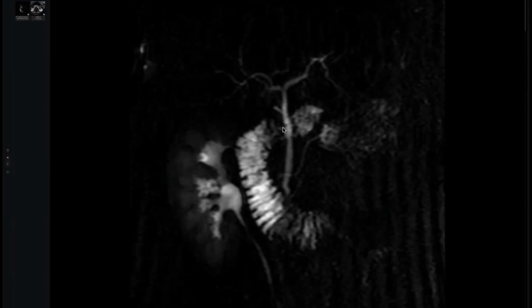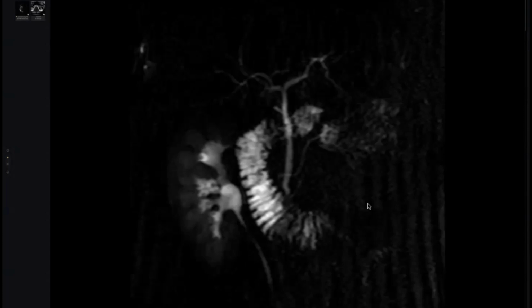Last question. What is the name of the techniques generally used for the abdomen or MRCP? Generally, fat set techniques are done, and if contrast has to be given, then T1 fat set post contrast is done.